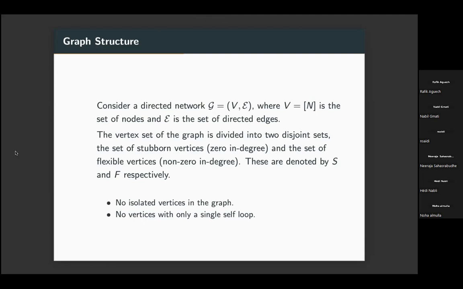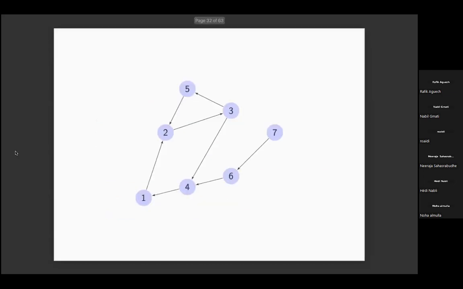Please, can you redefine the definition of a degree of a node? Yes. Since it's a directed graph, there is in degree and out degree. Let me just go to this picture and then it will be easier. If we look at the vertex 3, it has out degree 2 and in degree 1, because it has one incoming edge and two outgoing edges.